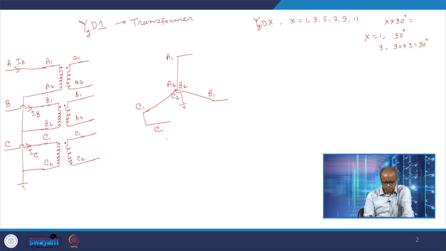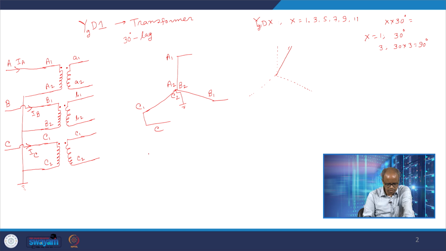Now to go to the delta side, these are the virtual A phase, virtual B phase and virtual C phase at the star side. But because it is YgD1, and my phase difference is 30-degree lag, my phase A voltage would be somewhere here.